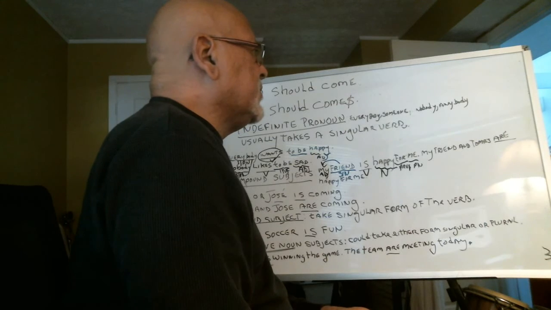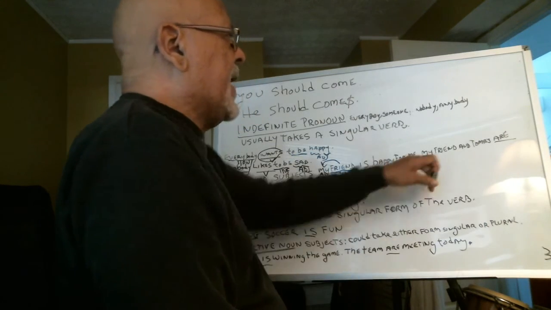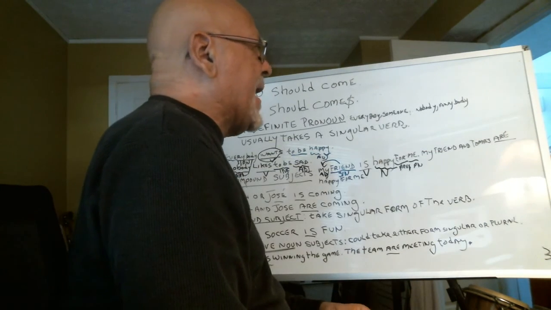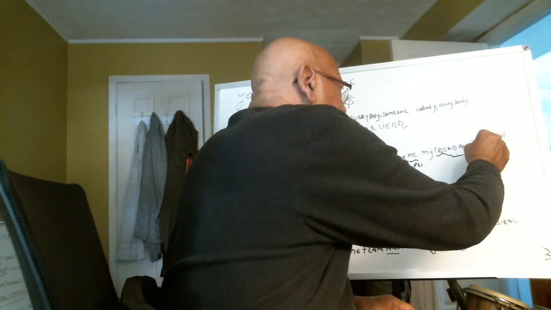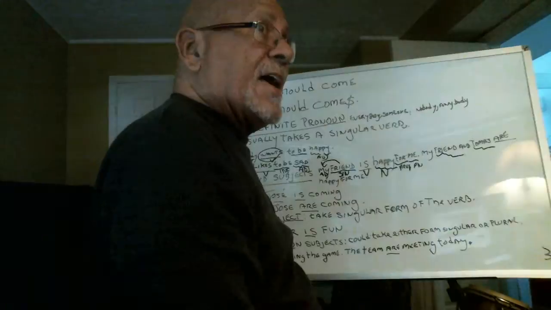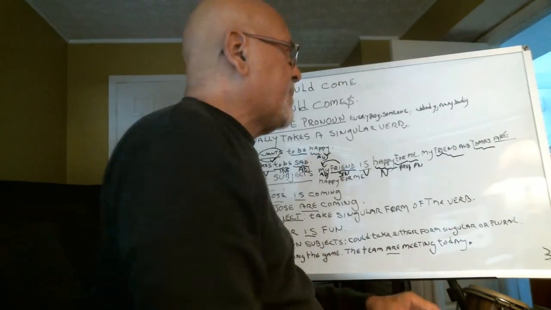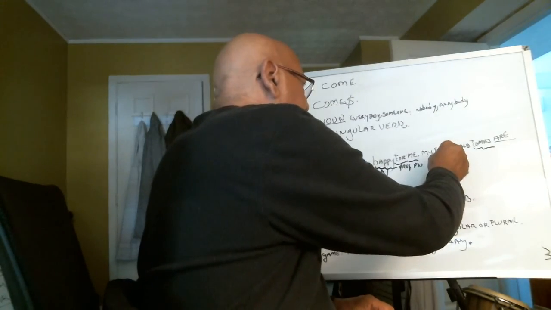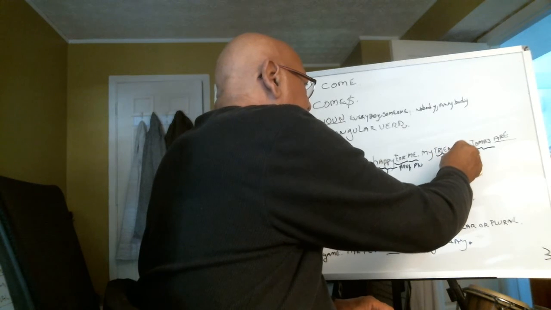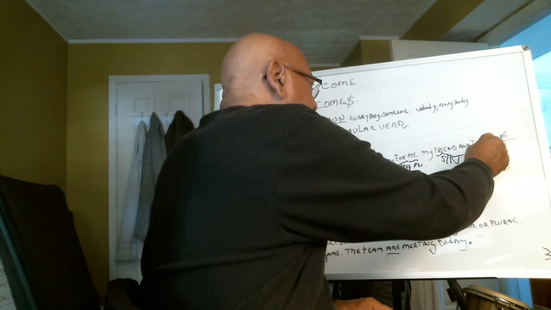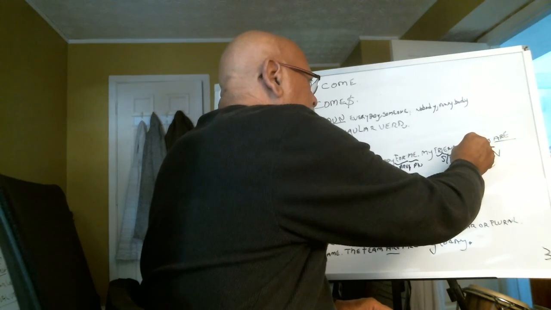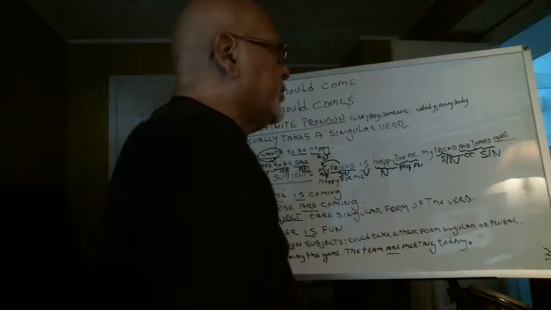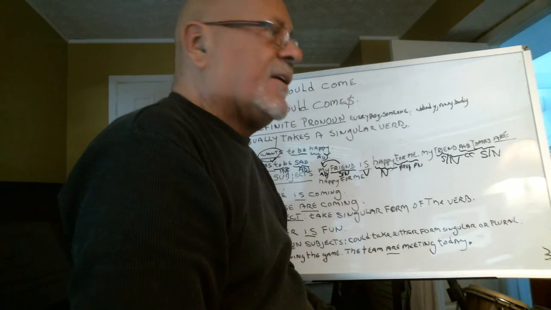The next sentence. My friend and Tomás. So we have friend, Tomás. That's a compound subject. Subject noun, coordinating conjunction, and, so they're connected together.